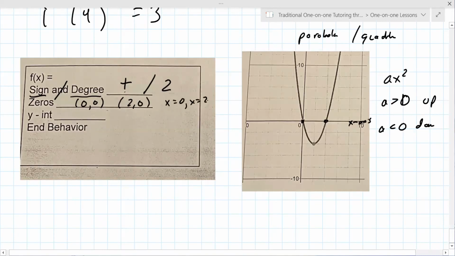How about the y-intercept? Where does it cross? Yeah. Okay. Now the end behavior, you write something like this, right? As x goes to infinity, y or f of x goes to. As x goes to negative infinity, y goes to.